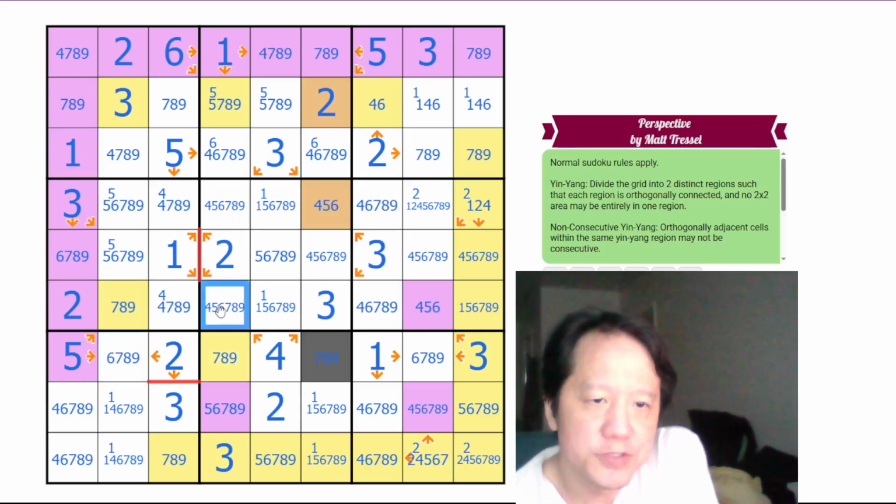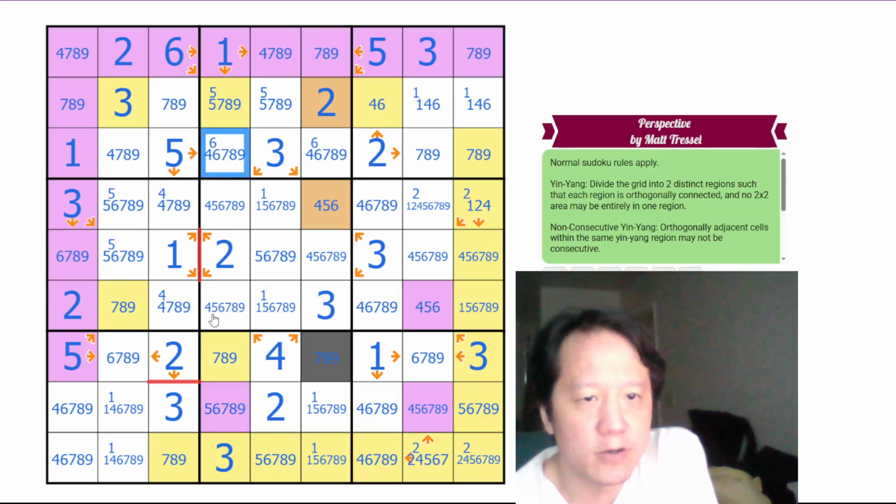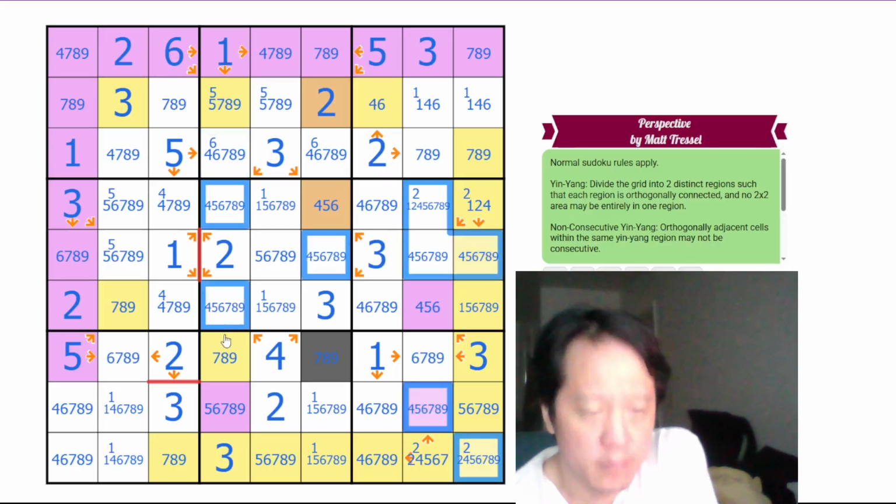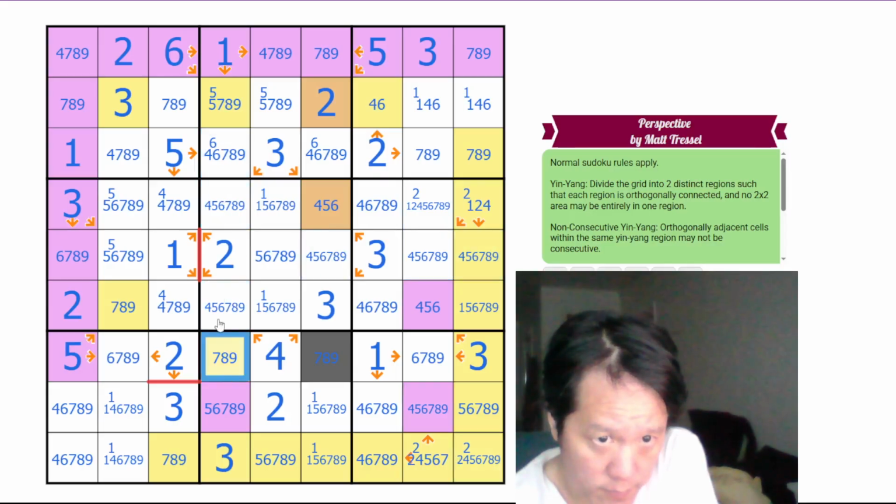We know this is a pair of green and red. This is a pair of green and red. So these two must be a pair of green and red, right? Green, red here. Green, red here.